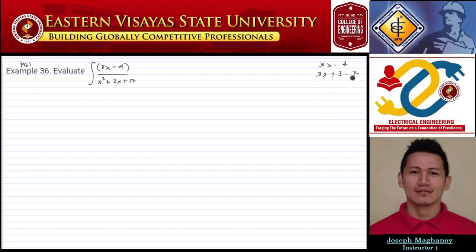So 3 minus 7 is negative 4. For 3x plus 3, we can still factor this out. We carry out 3. So we have 3 quantity x plus 1 minus 7. Okay, so we have our numerator.